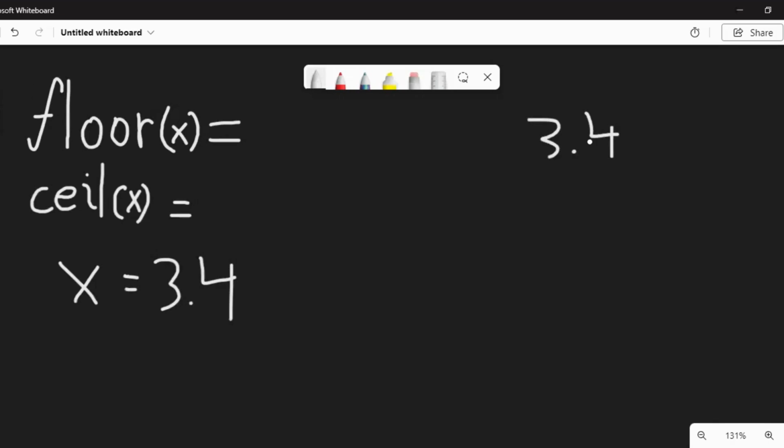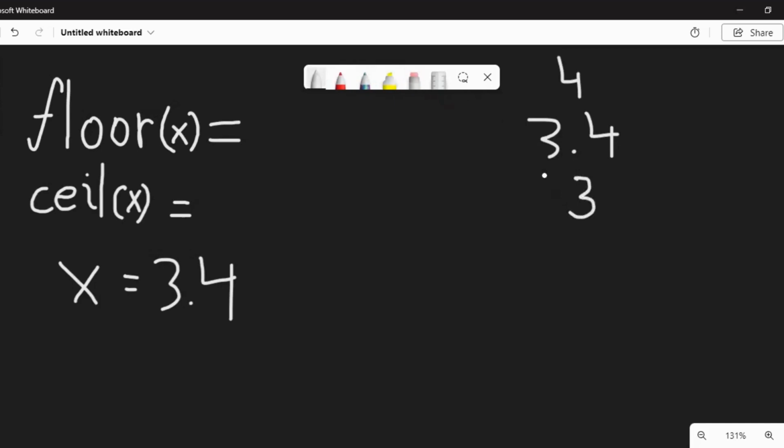This is a real number, and between any two integers there are uncountably infinitely many real numbers, but we won't be going over that. So it lies between the integers 4 at the top and 3 at the bottom.